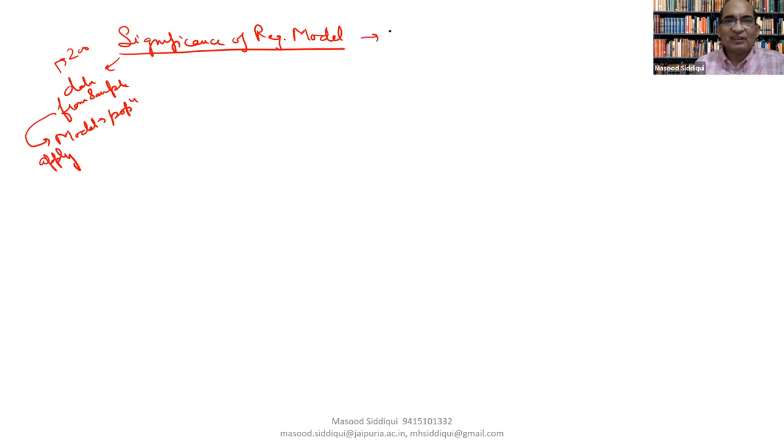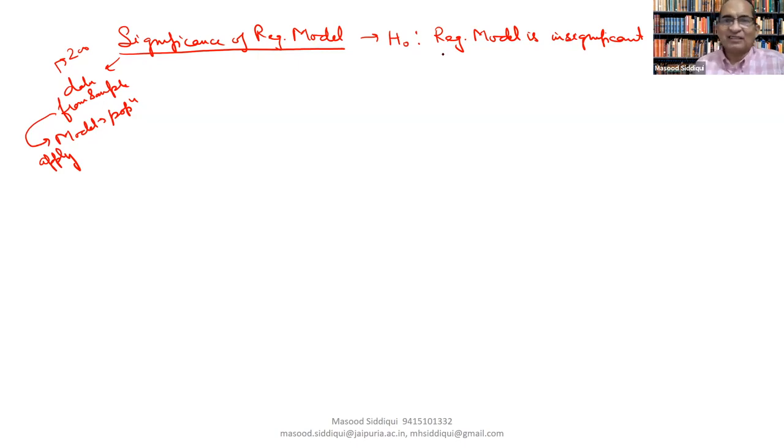This significance of the regression model is tested by proposing H naught. Since H naught assumes no difference, we propose H naught as: the regression model is insignificant. In rustic language, we can say that the regression model is zero.